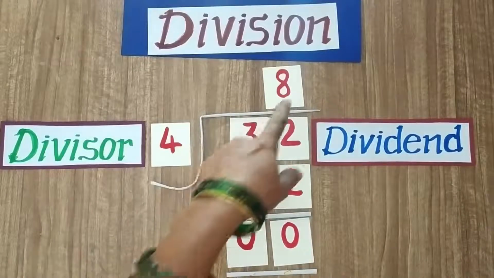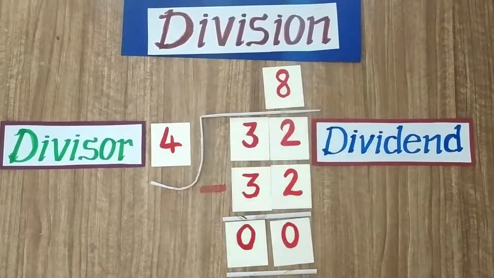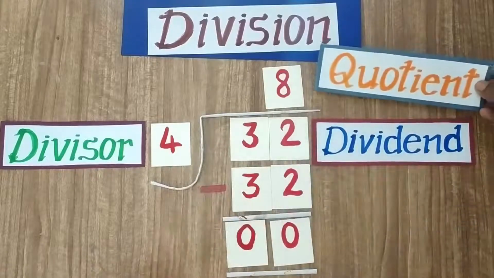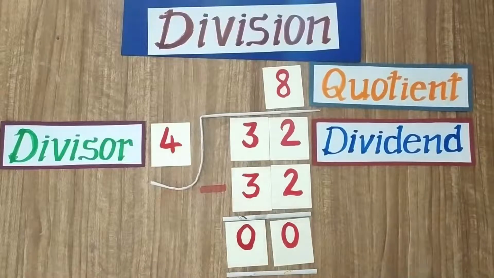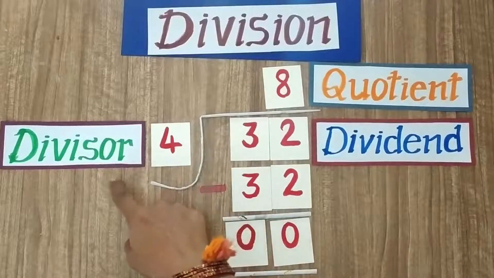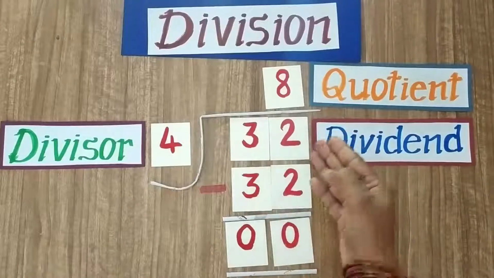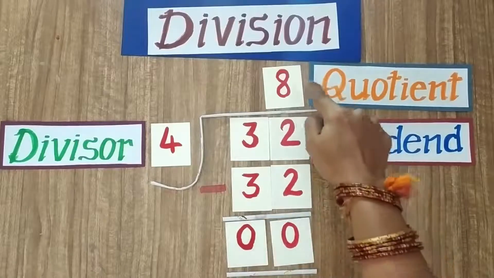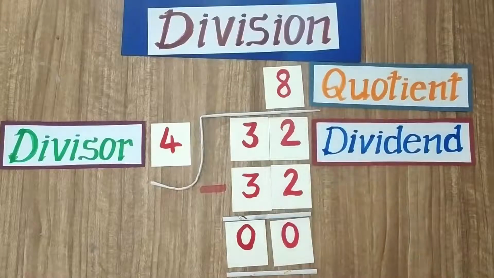Then the answer, 4 8s are 32, is called the answer of division, and the answer of division is called the quotient. So these are the 3 terms which we know already.